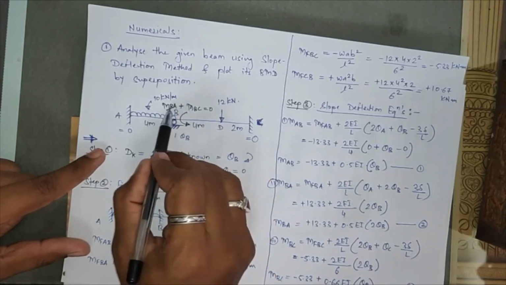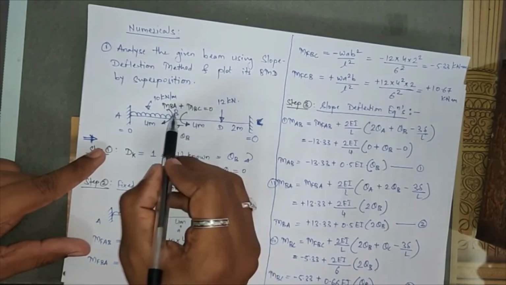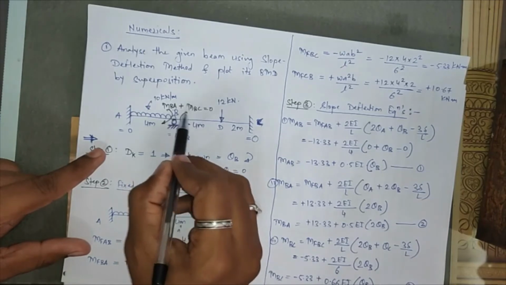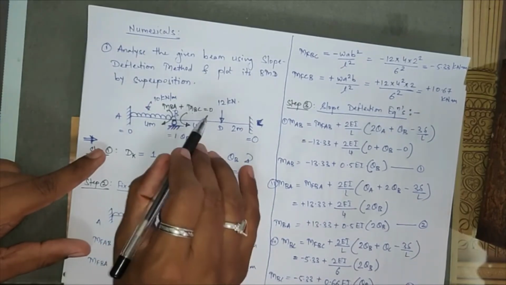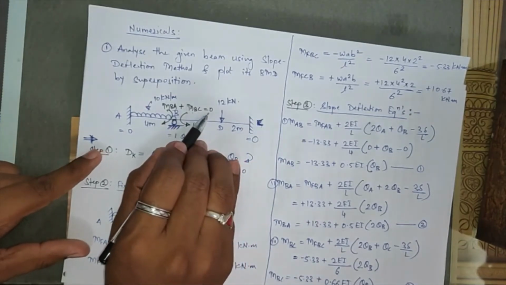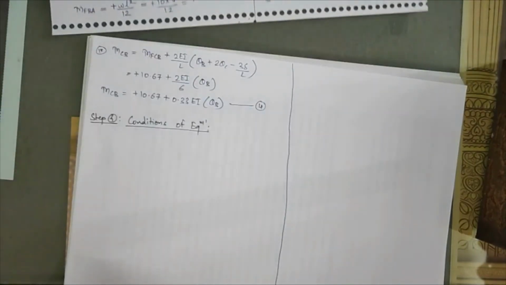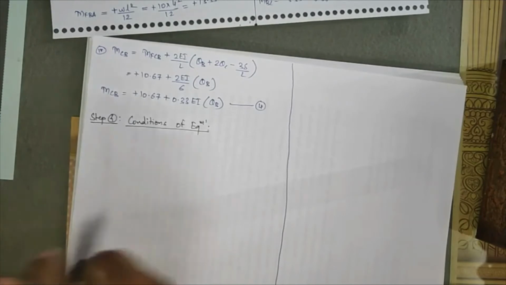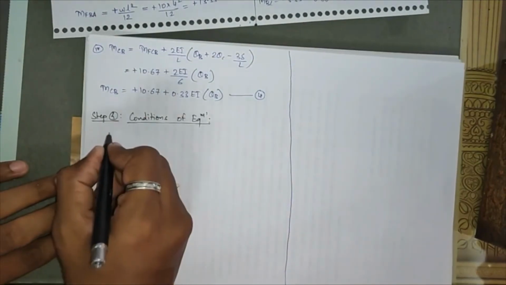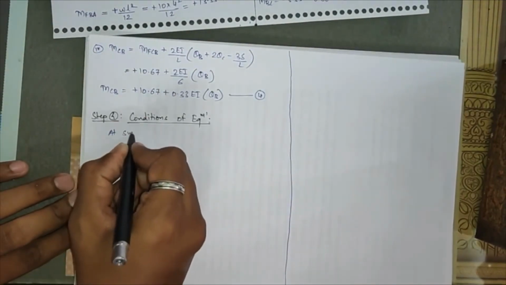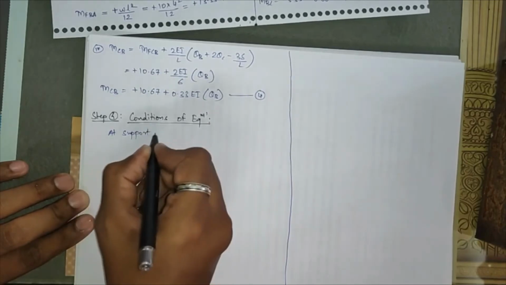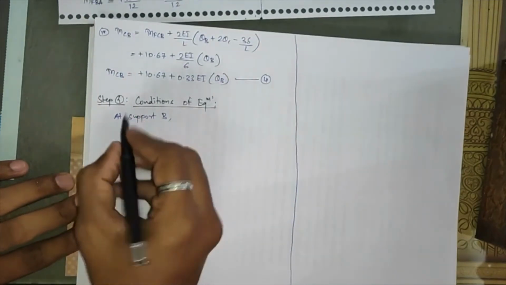So either these two values must be the same but with different acting nature, or the summation of these two moments shall come equal to 0. So I can say that this will be my condition of equilibrium at this joint B. So in my step number 4, the condition of equilibrium occurs at support B, or you can say at joint B also. At support B, what is my condition?